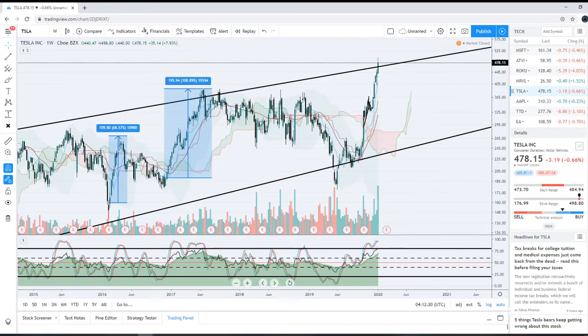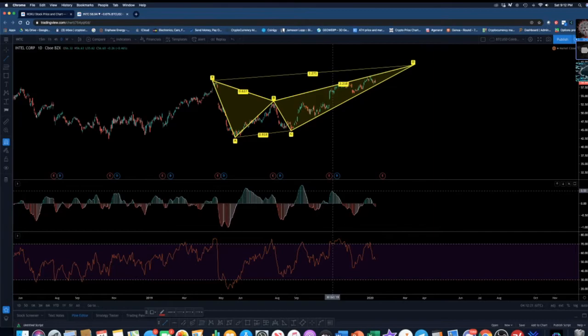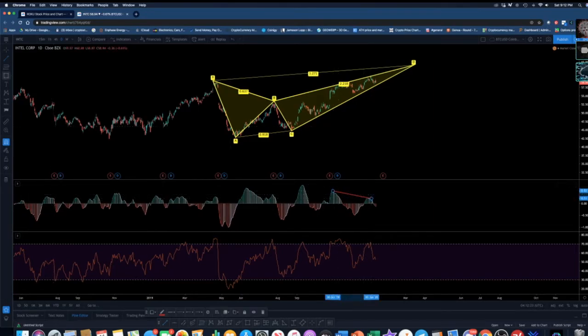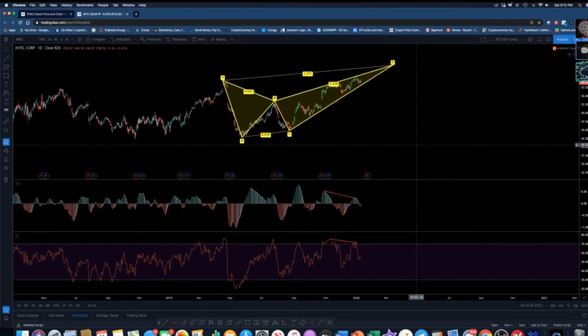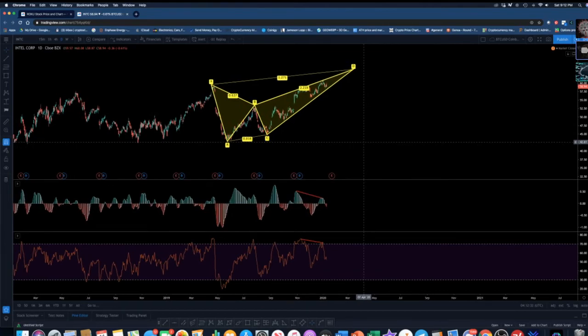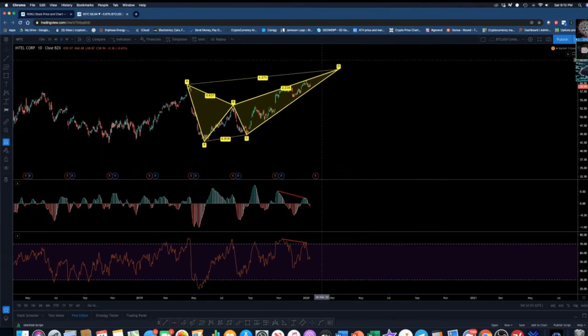Duck found a harmonic. Oh no, which one? Let's see. Intel. Yeah, I figured there had to be something on Intel because it was right at the top. So maybe it'll push out just a little bit more, but it looks like those divs are in there. I'm looking for the 1.272 for our D. It's basically a Cypher.